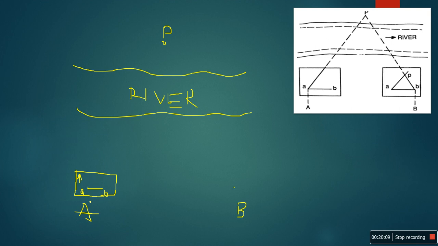Now again, keep your LED on point A, rotate it, and bisect station P. After bisecting the P point, you just draw a dotted line, because here we are not measuring the distance from A to P, because the obstacle is the river.